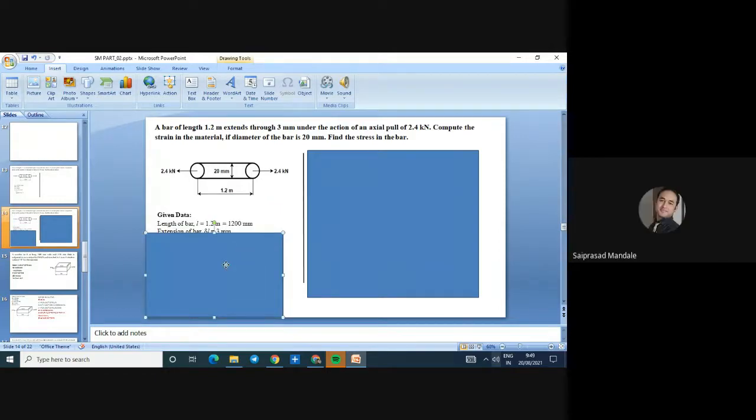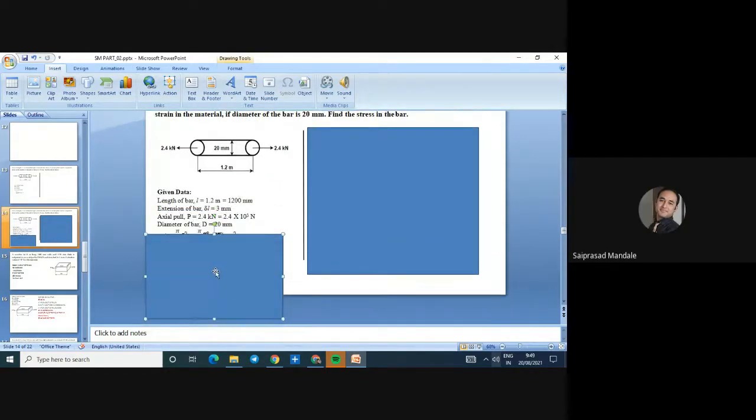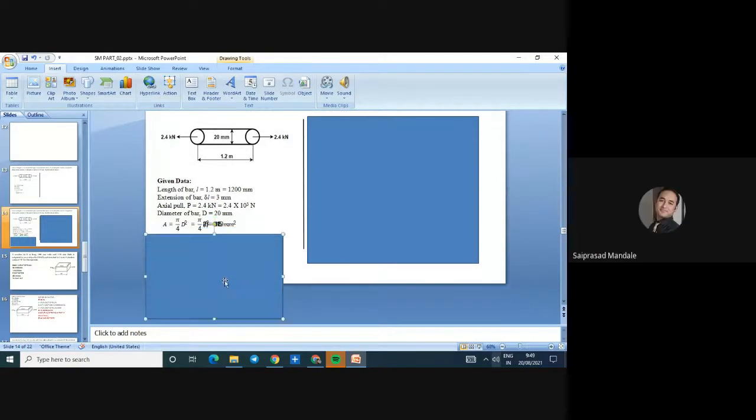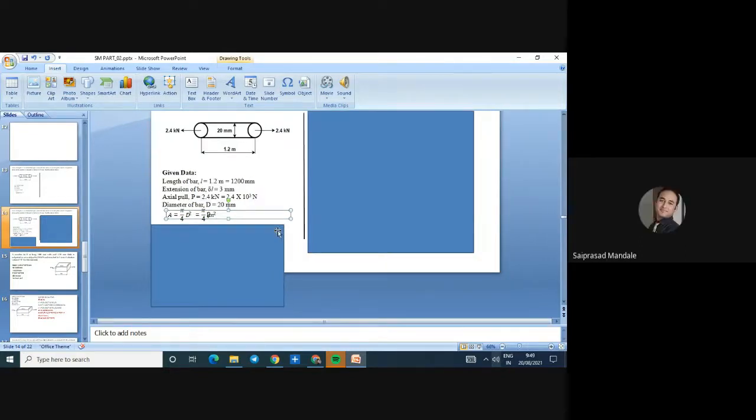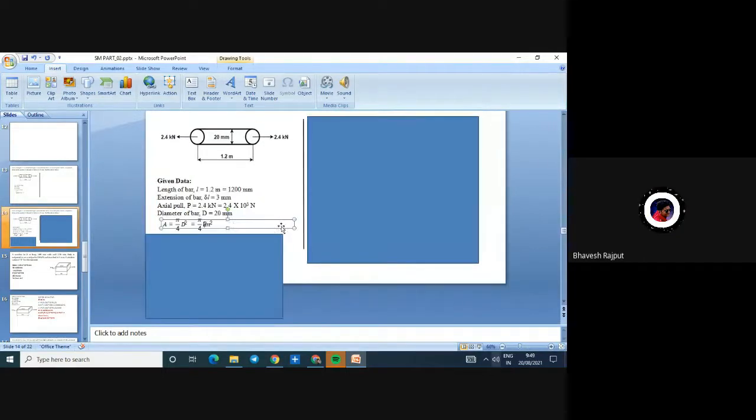So these are the given parameters. Find out area. Area is equal to pi by 4 d square. So tell me the value of area. Strain is 2.5 into 10 raised to minus 3, let me check. Can you tell me the area?